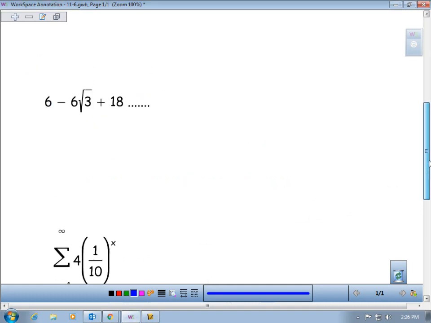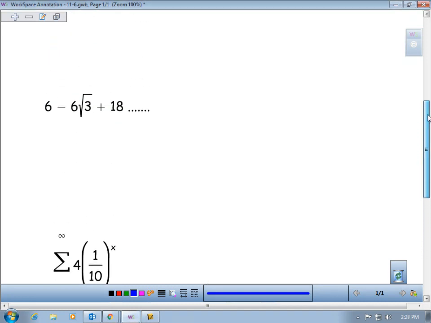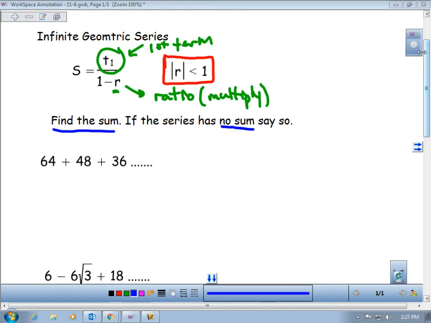Because of this, I always find my r first thing. So what's my r here for 64, 48, 36, and keep going through infinity? How would I find my r if I can't see it pretty plainly?